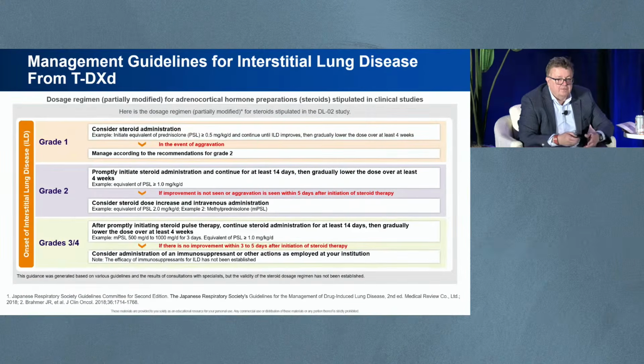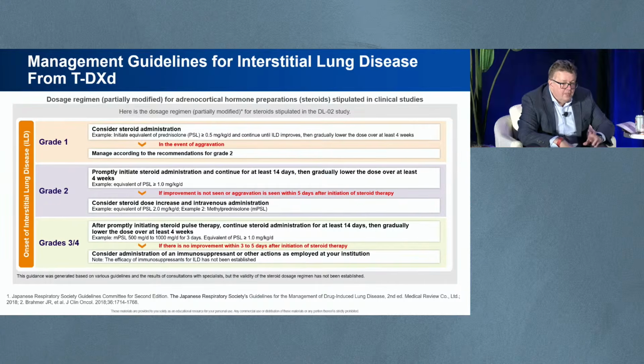There are guidelines for management of pneumonitis that can be seen with trastuzumab deruxtecan. Grade 1 pneumonitis, which is an asymptomatic, radiographic-only finding, can be managed with either observation or with steroids.